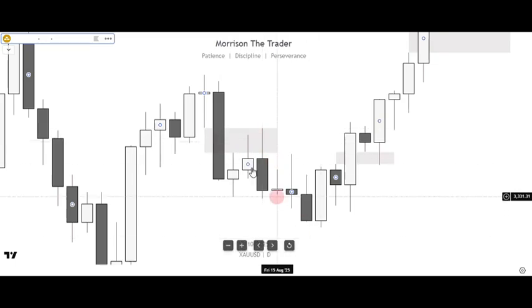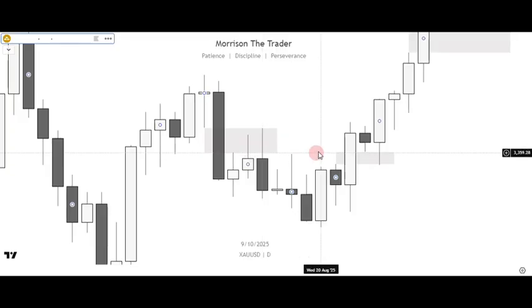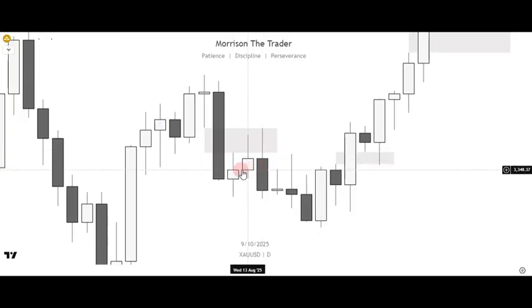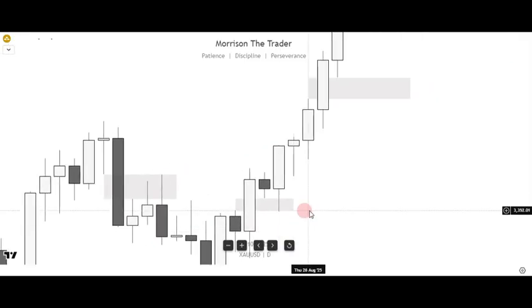To move lower. So as you can see here, considering how these candlestick formations are, price came first into the fair value gap, closed outside, right? And then the second time it went into it again, closed outside and moved downwards. So it means that the fair value gap is supporting lower prices, same as the bullish fair value gap.